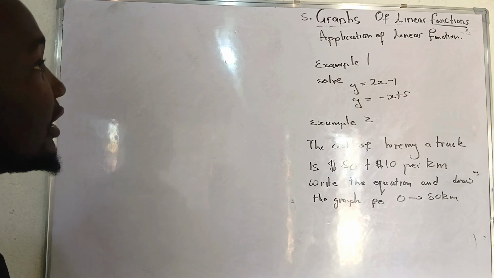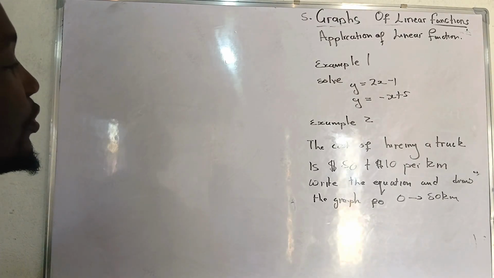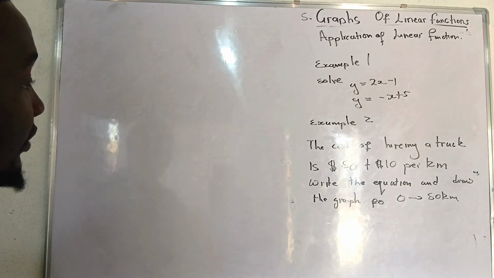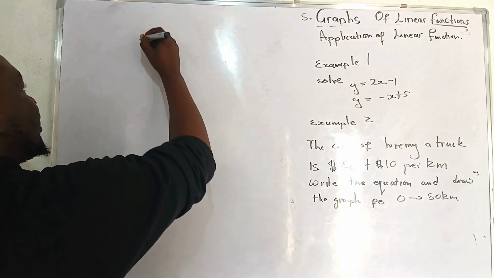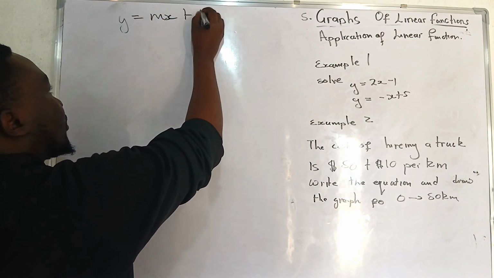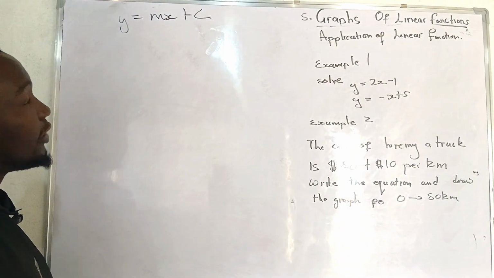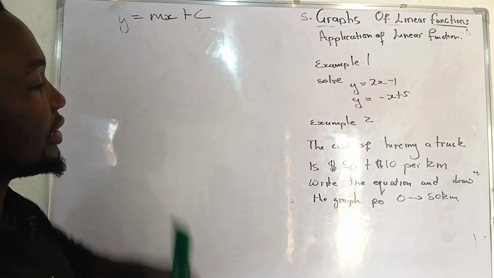If I hire a truck and leave it parked at home, the cost will be $50. Let's express this in the form mx plus c. If I hire a truck and do not drive it, the cost will be c.